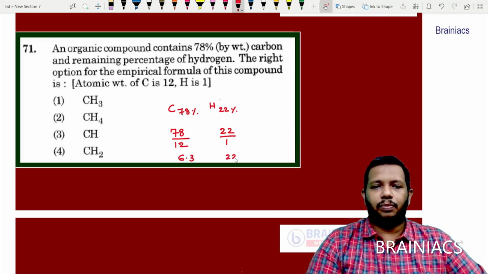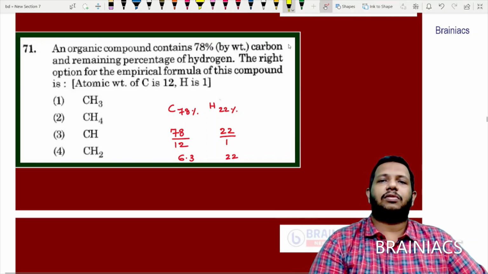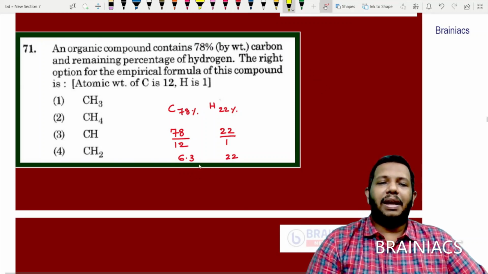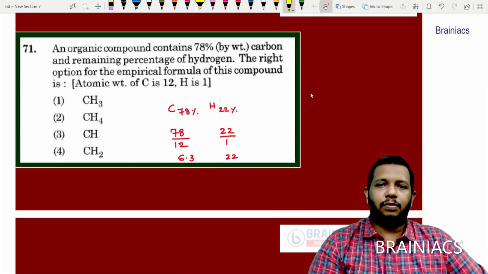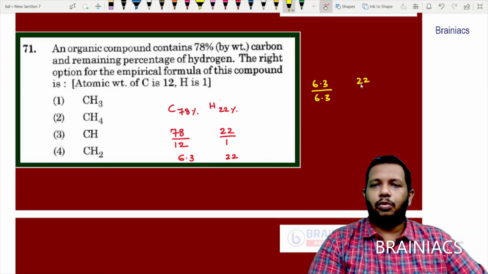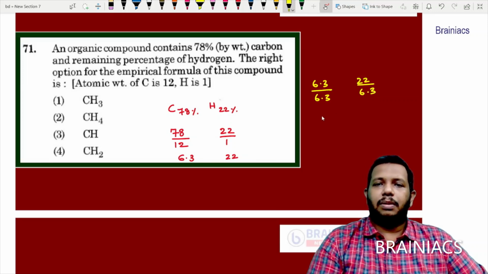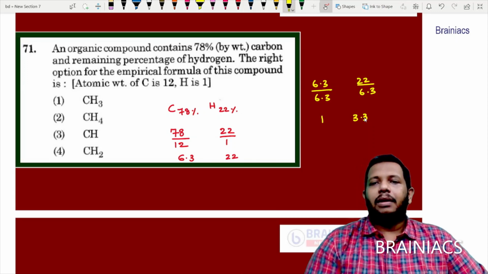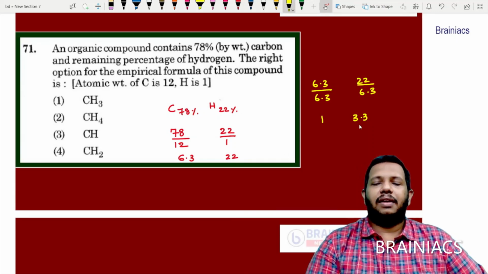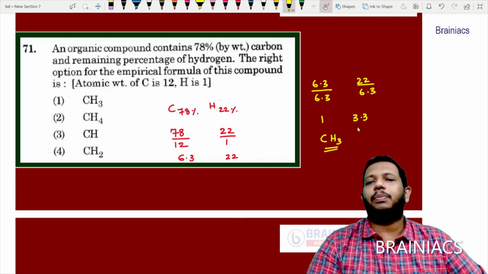This is 22. But this is not a proper ratio, so to make it the minimal numbers, we will divide by 6.3 on both sides. 22 by 6.3 will become 3.3, and the other becomes 1. Now, I can round it like CH3; it will not be CH4.